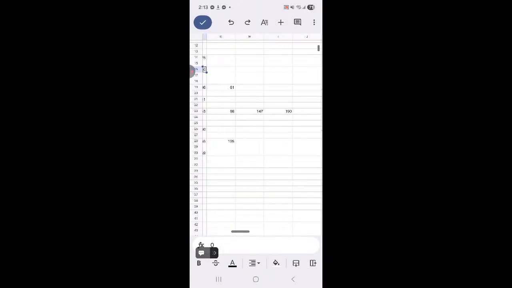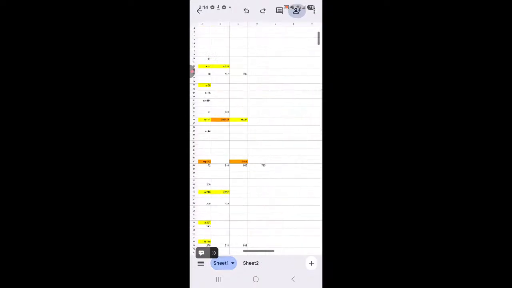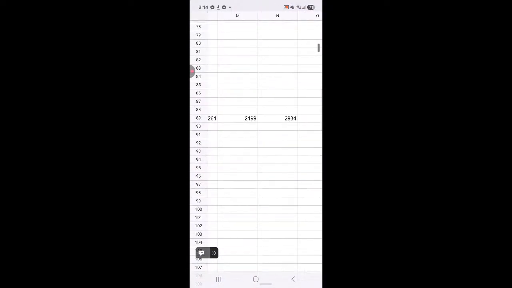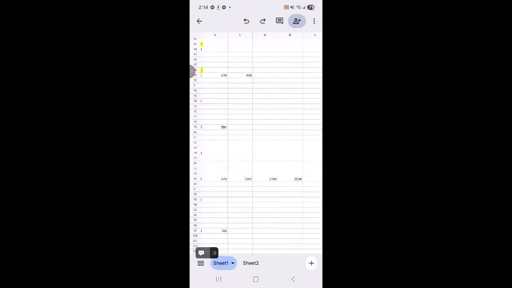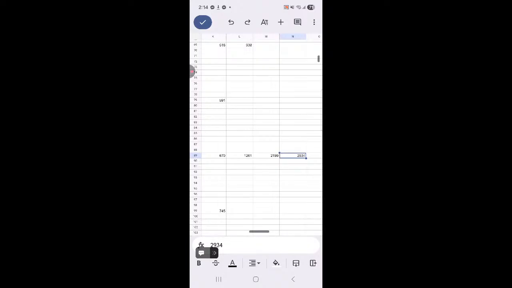So 109 90 ends up being a number. It's the highest number so far that we have. But over here, if you look, we quickly go from numbers within the 100 range to numbers in the thousands.